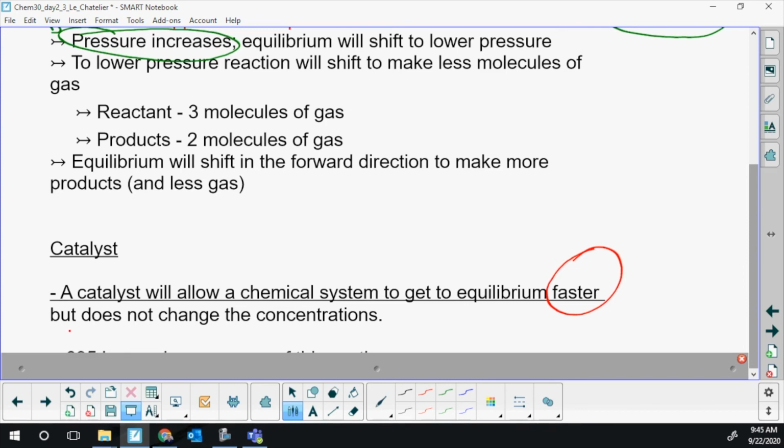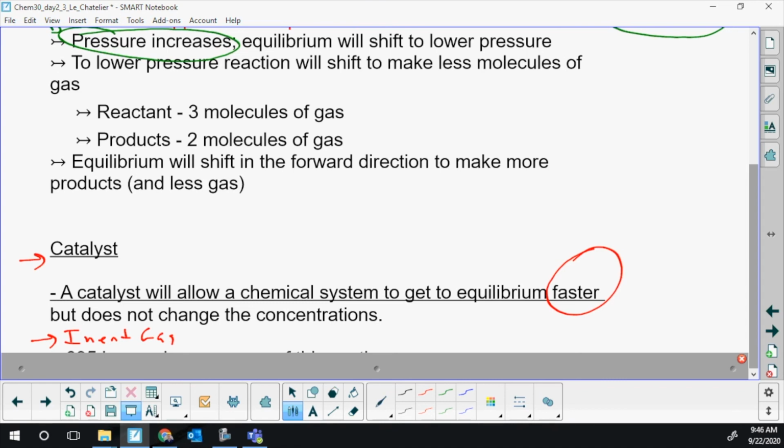Another thing that has no effect is if you add an inert gas. I'm just kind of squeezing this in, and I sometimes don't emphasize this enough. It's kind of boring. It doesn't come up much, but it's often on your diploma, so I need to make sure. If you pump in any gas that doesn't affect the reaction, you're not going to see a change in shift. You'll drive the total pressure up, but what we really care about is called partial pressure. What is the pressure of each gas?